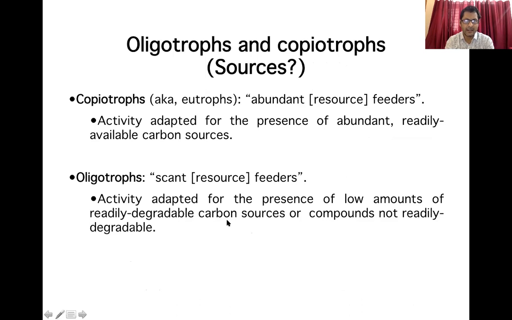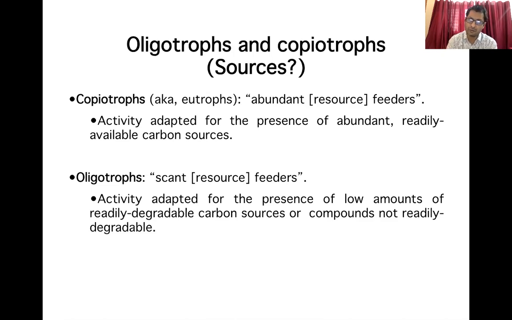There are other terms, which are oligotrophs and copiotrophs. Copiotrophs means eutrophs or abundant feeders, the organisms which use easily available, easily decomposable, or easily degradable carbon sources.